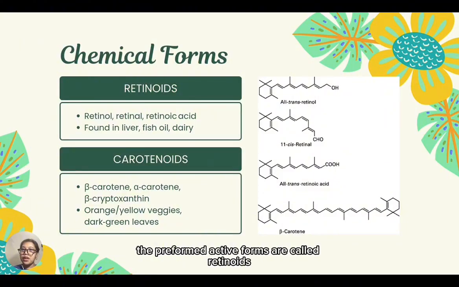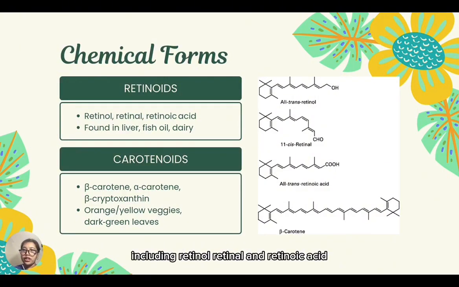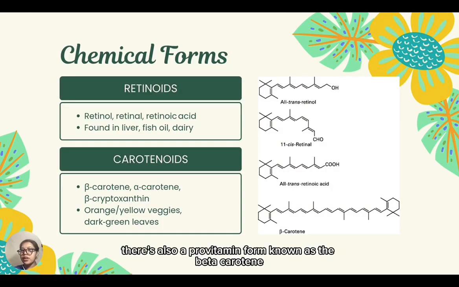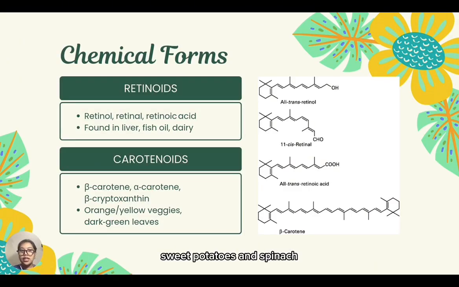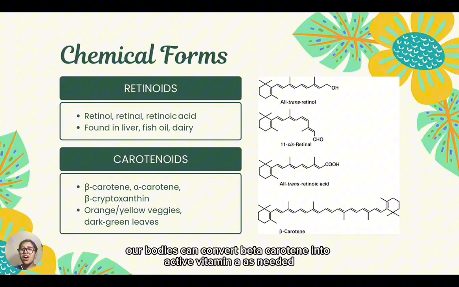The preformed active forms are called retinoids, including retinol, retinal, and retinoic acid, which are found in animal based foods. There's also a provitamin form known as beta carotene, a carotenoid found in colorful fruits and vegetables like carrots, sweet potatoes, and spinach. Our bodies can convert beta carotene into active vitamin A as needed.